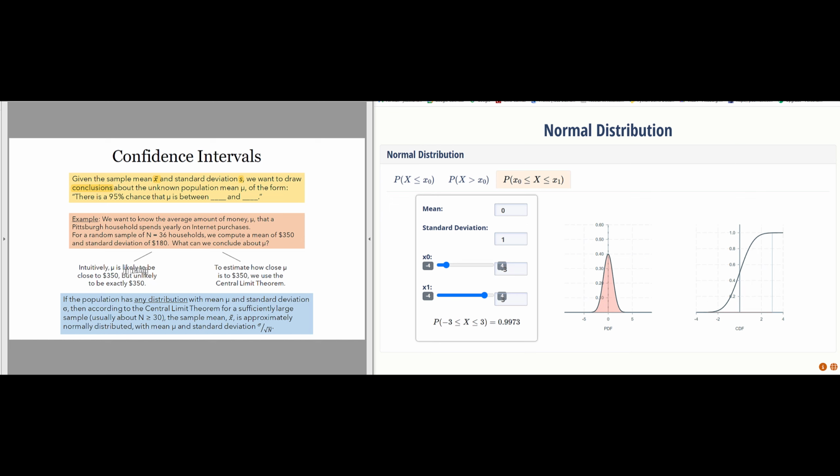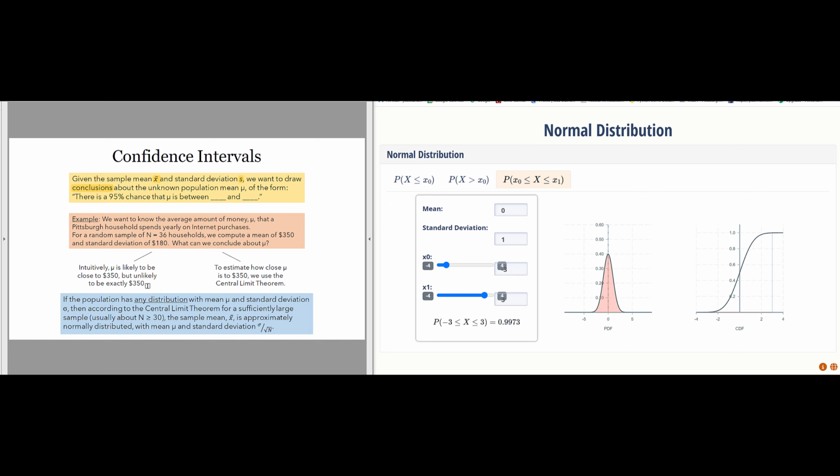Now, this sample is large enough, 36 households, that intuitively we think that the true population mean is likely to be fairly close to $350, the mean of the sample. But it's also very unlikely to be exactly $350.